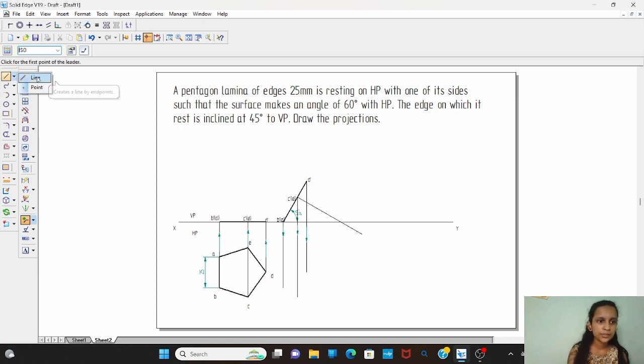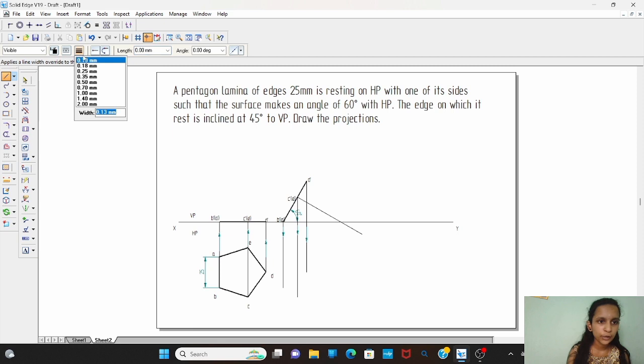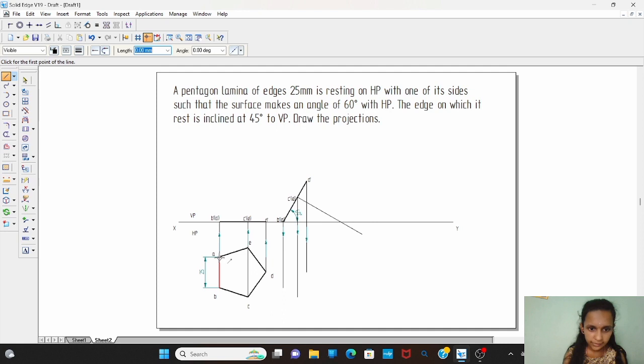Again select the line option of thickness 0.13 mm. Extend all these points in horizontal direction. Point A is extended up to touches the line A dash.